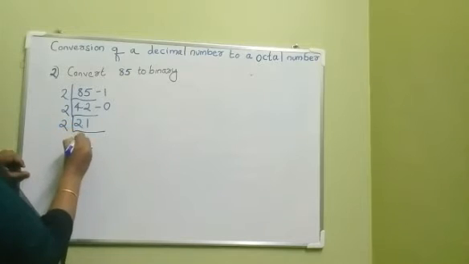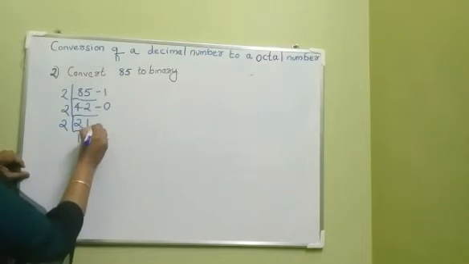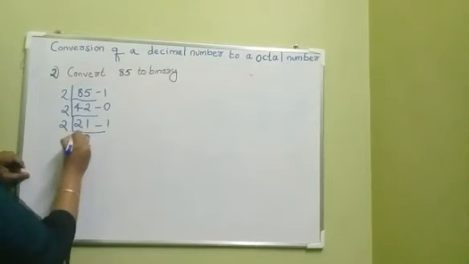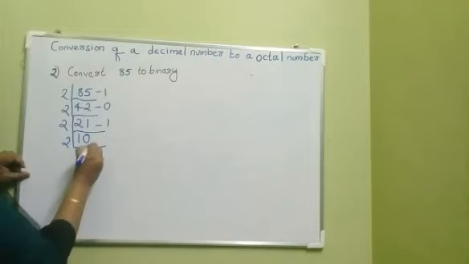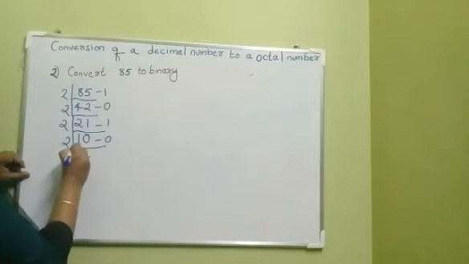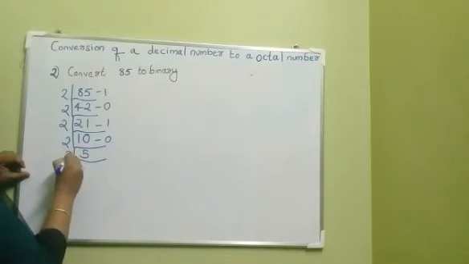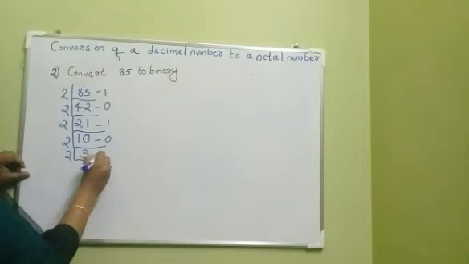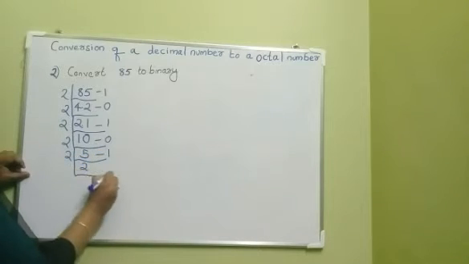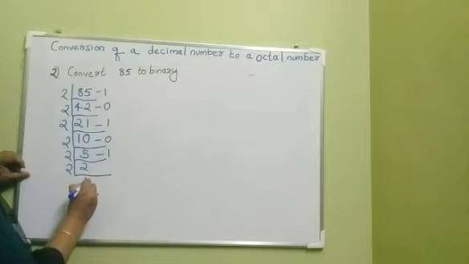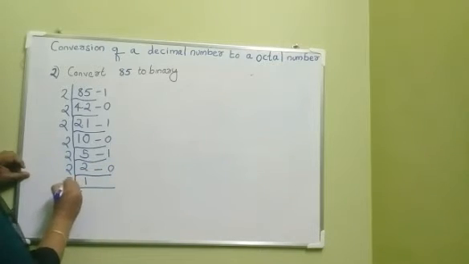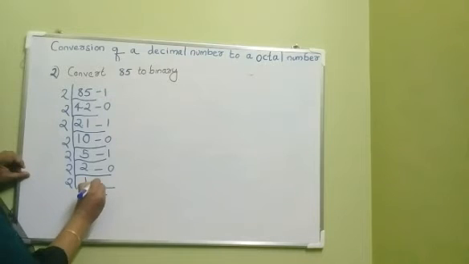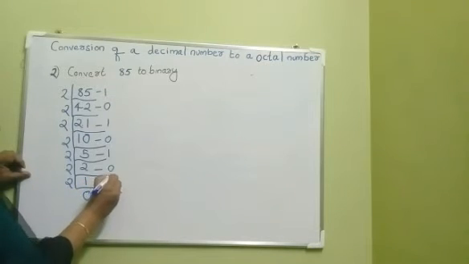Again divide by 2: 10 twos are 20, remainder 1. Again divide by 2: 5 twos are 10, remainder 0. Again divide by 2: 2 twos are 4, remainder 1. Again divide by 2: 1 two is 2, remainder 0. Again divide by 2: the quotient is 0 and the remainder is 1.